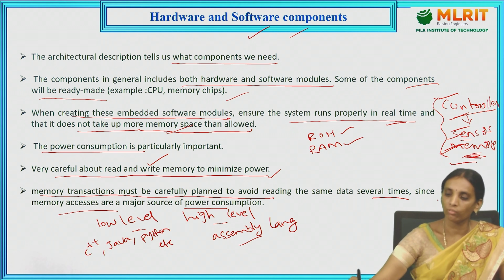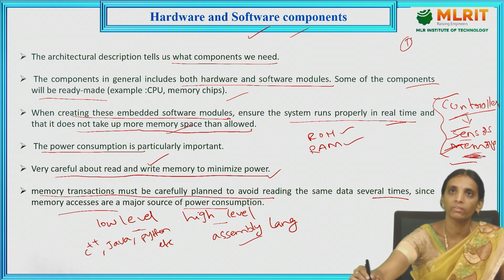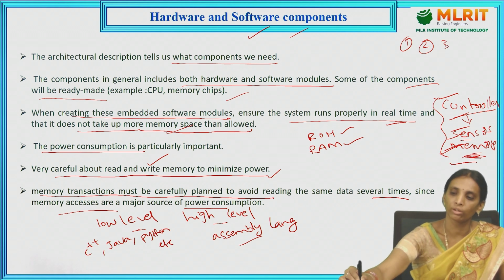Now in the first step we have the requirements, and in the second step we design the specifications. In the third step we draw the block diagram based on the specifications, and in the fourth step, based on the architecture, we select the components and program them.